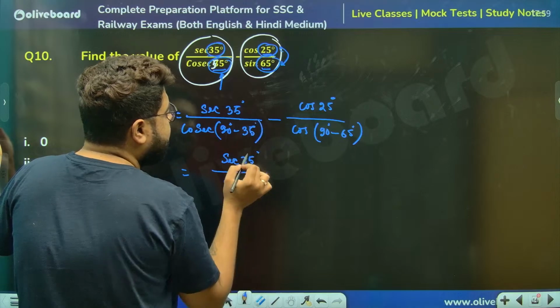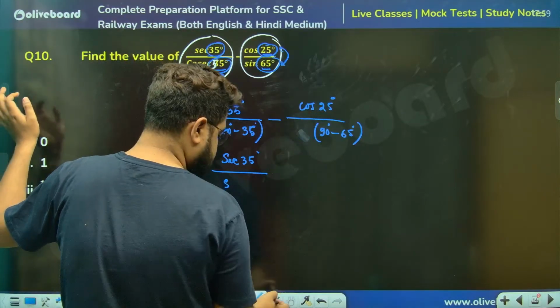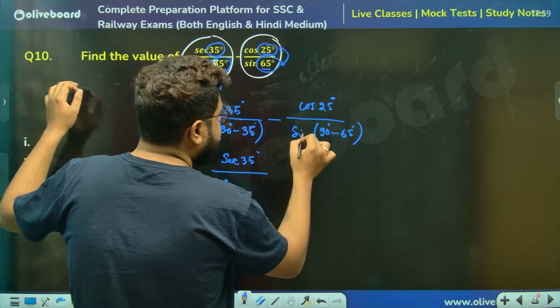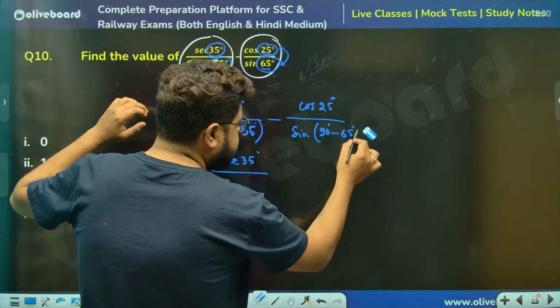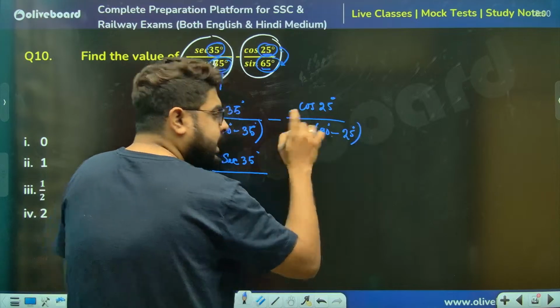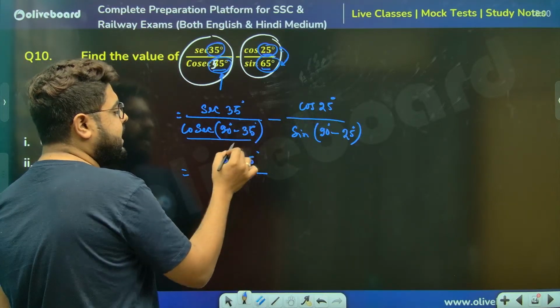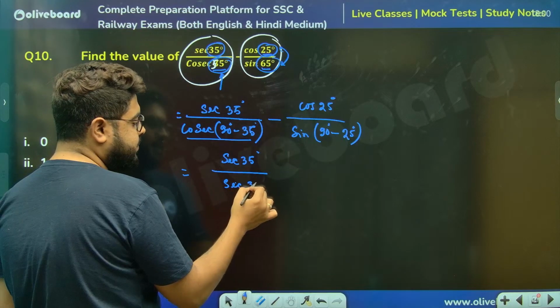So this will become, look, here also I did the same thing. This was sine. This is 90 minus not 65, 90 minus 25, sir, right? 65 means 90 minus 25. So sec is there, 90 minus theta will become sec theta, sir.